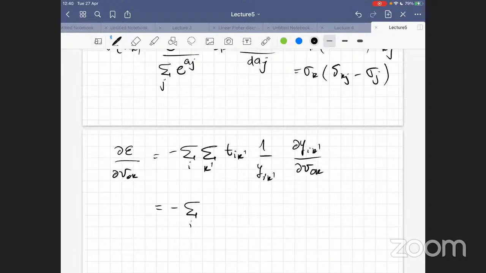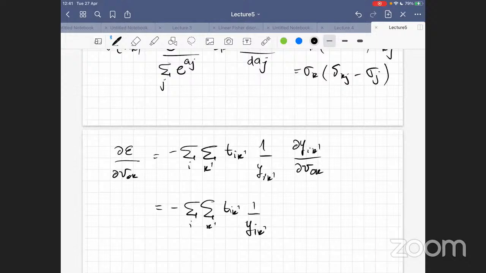So this is just that. Then, rewriting this, I use the fact that this is the derivative of a softmax, because y is a softmax.